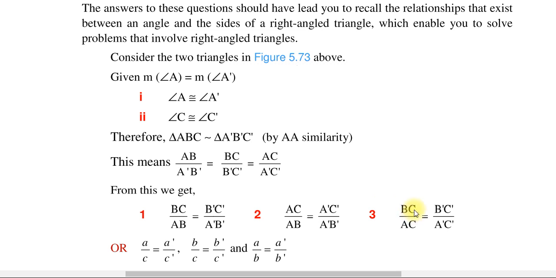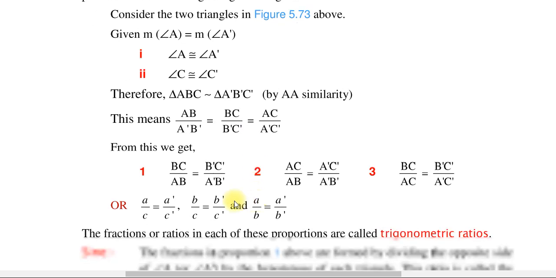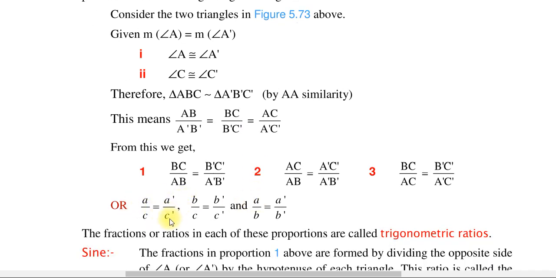And third, BC over AC is equal to B prime C prime over A prime C prime. In other words, A over C is equal to A prime over C prime, B over C is equal to B prime over C prime, and A over B is equal to A prime over B prime.